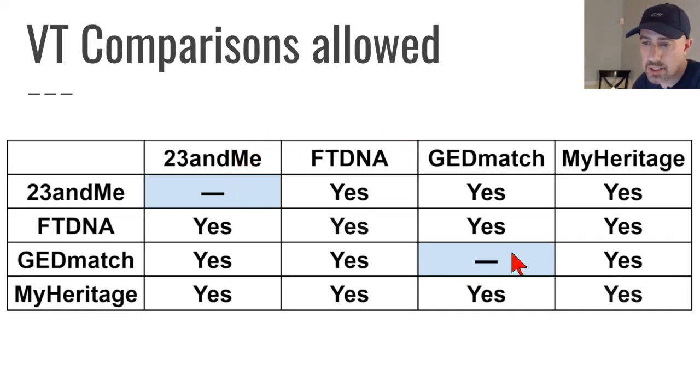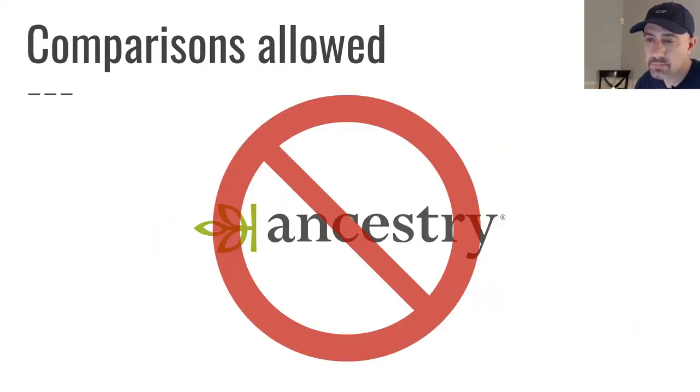I put dashes here just to emphasize the fact that you don't really need to do visual triangulation with 23andMe to 23andMe comparisons, because their chromosome browser is very flexible. You could do it if you wanted to for some reason, but I really can't think of any good reason to do that. Likewise with GEDmatch.